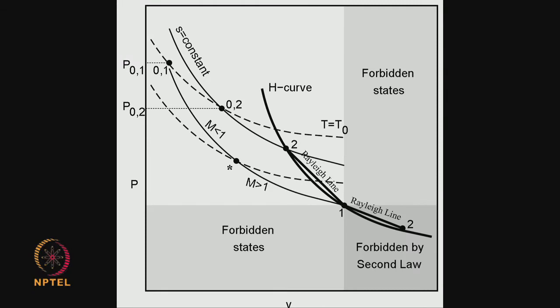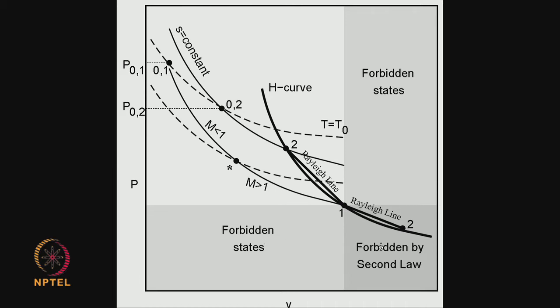So this is what the solution looks like. So you can see the features that we already discussed. So this is state point 1, right? And you see the Rayleigh line, which is the straight line here on this side, and the Rayleigh line, which is the straight line on this side. And downstream state 2 is not allowed to lie in this quadrant or in this quadrant, as we discussed earlier.